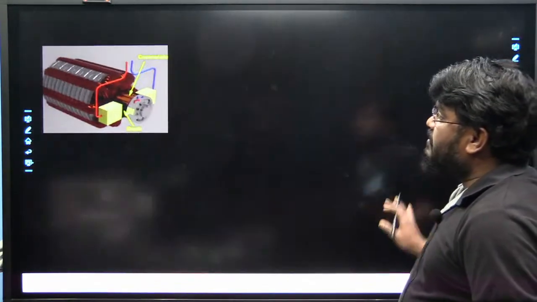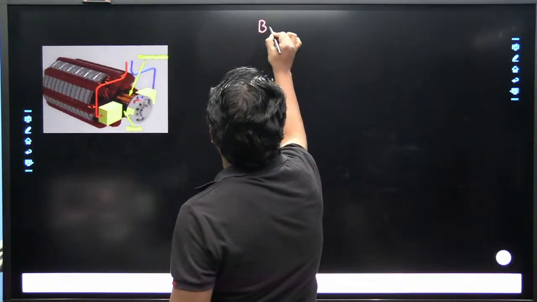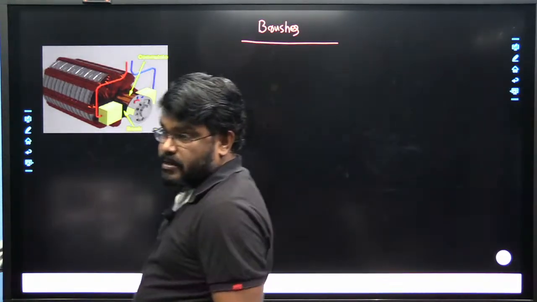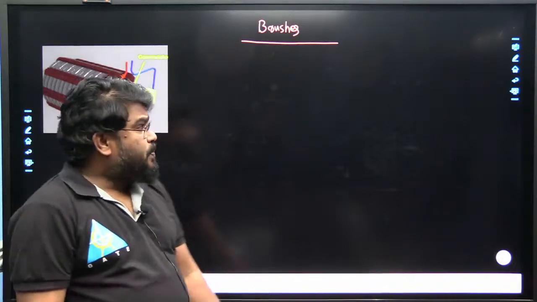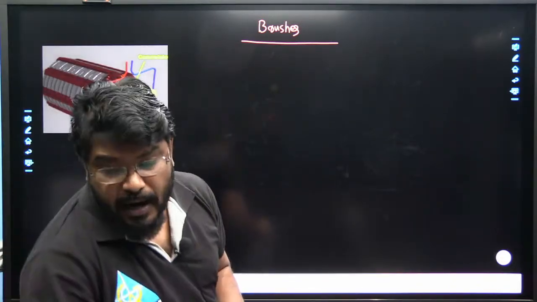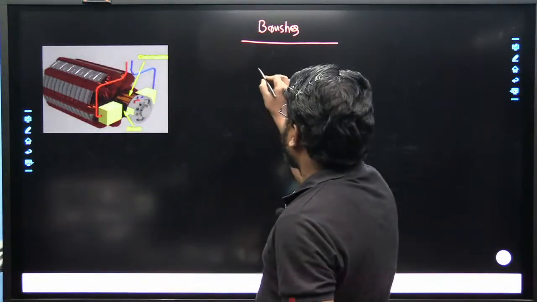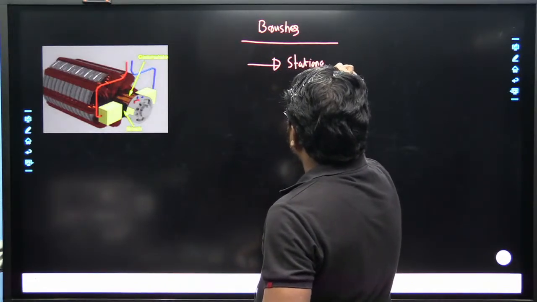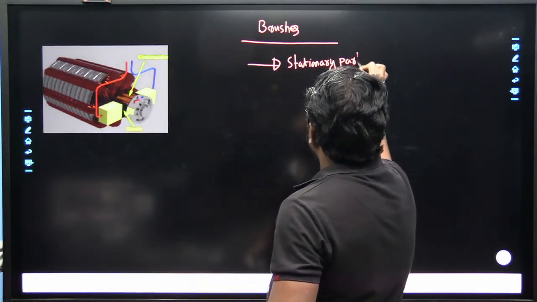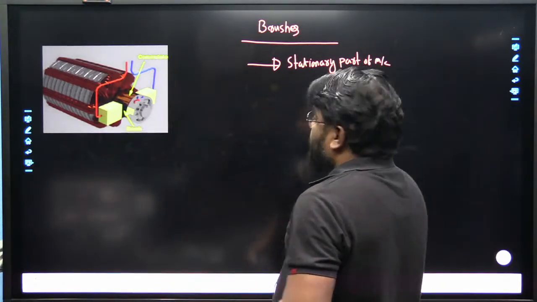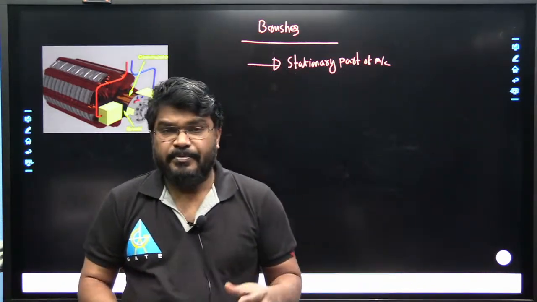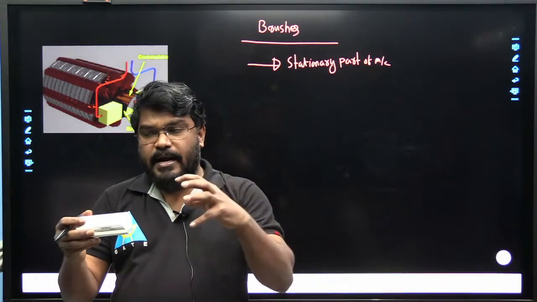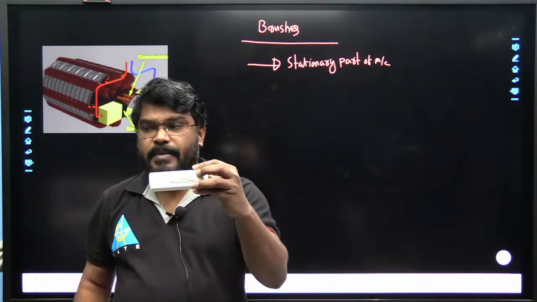Next, let us discuss brushes. Brushes are a stationary part of the machine. It is not a rotating part. Here, these are all my armature conductors, and the conductors are connected to the commutator segments like this.